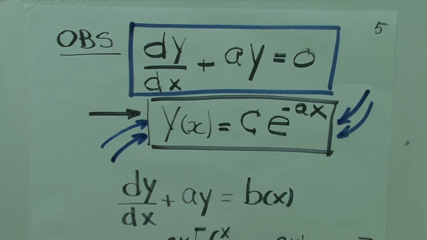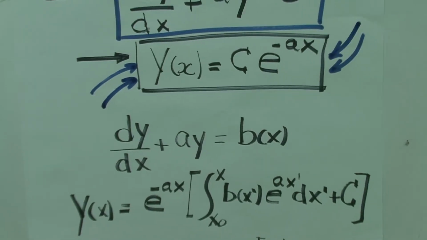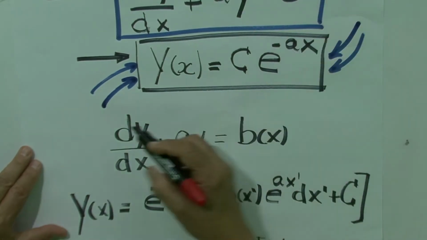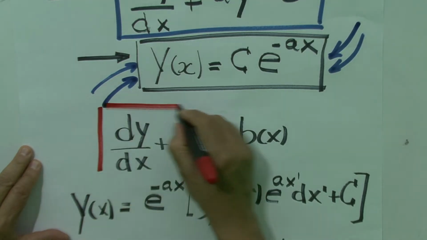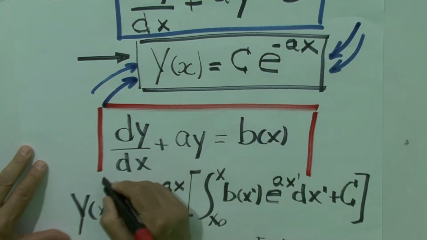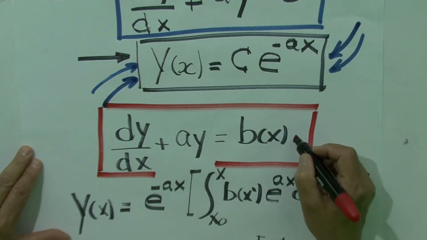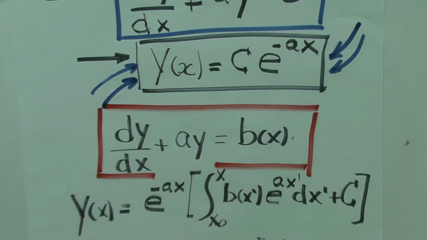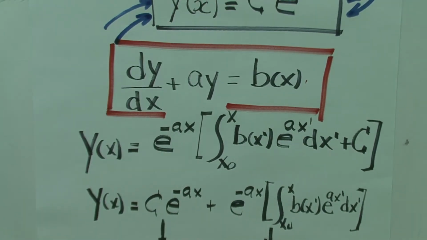Okay, now, what happens when we don't have a homogeneous equation, but we have a first order? Everything is like that, but it's not equal to 0. It's equal to some function. You can do the same.